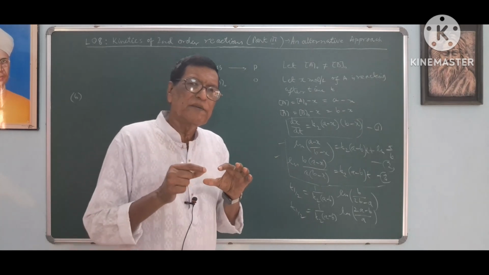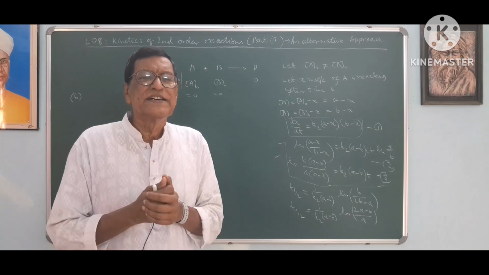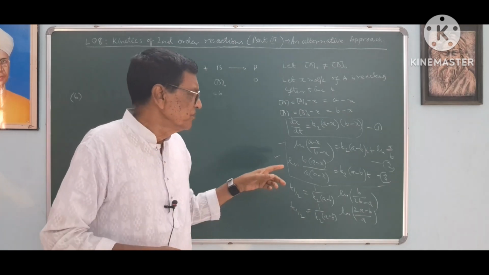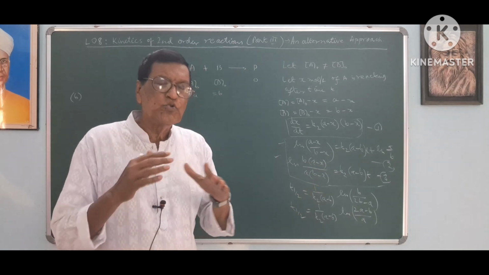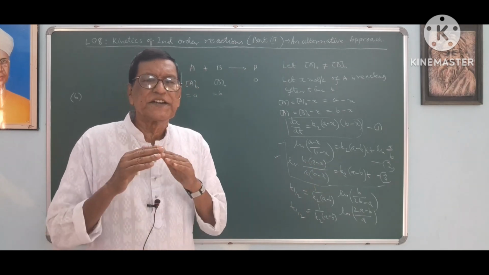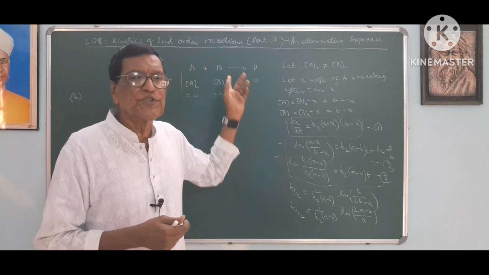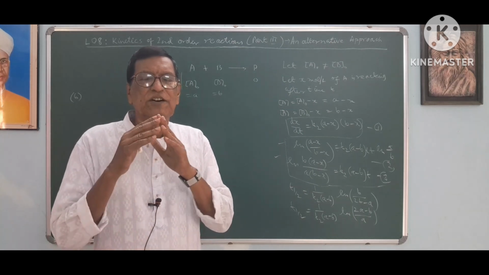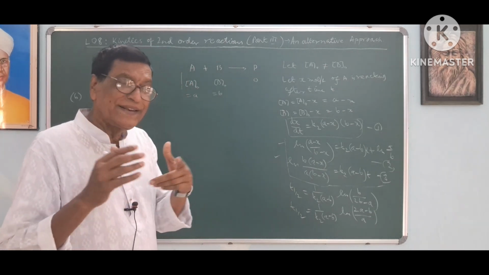But by using some short mathematical tricks, it is possible to transform this equation into the integrated form for when both reactants have the same initial concentration. How can it be done?